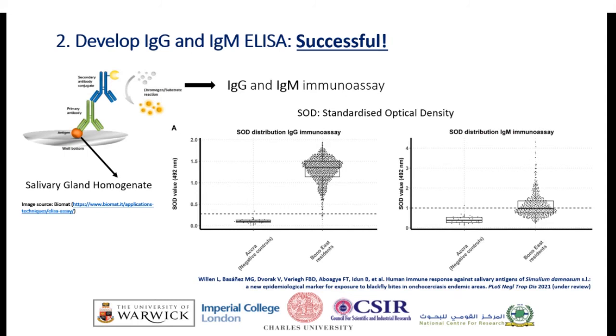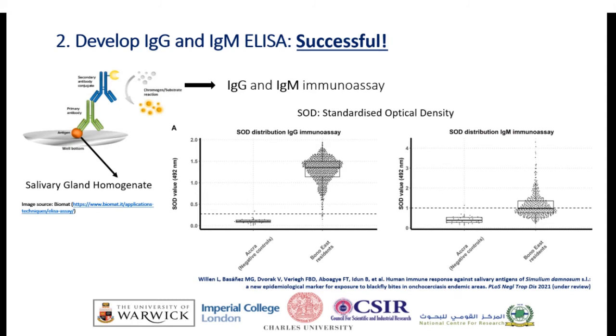What is shown here are the distributions of the standardized optical densities for negative controls versus people living in the Bono East region. The left graph shows the distribution for the IgG assay, and there you can see a clear distinction between the negative controls and the residents of the onco-endemic area.